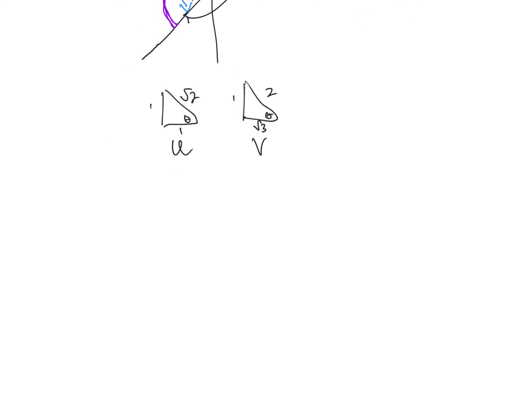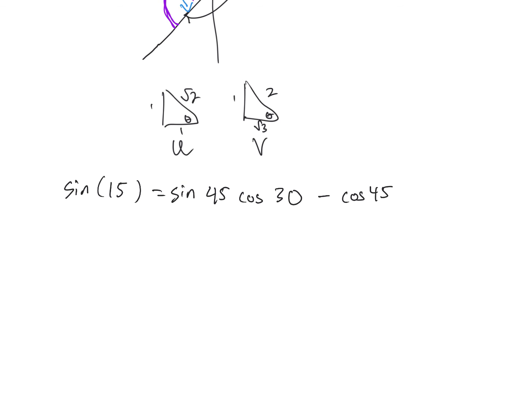Here, if I want to find the sine of the reference angle, the 15 degrees, then it is equal to sine of 45 times the cosine of 30 minus cosine of 45 times the sine of 30. And sine of 45 is 1 over root 2.